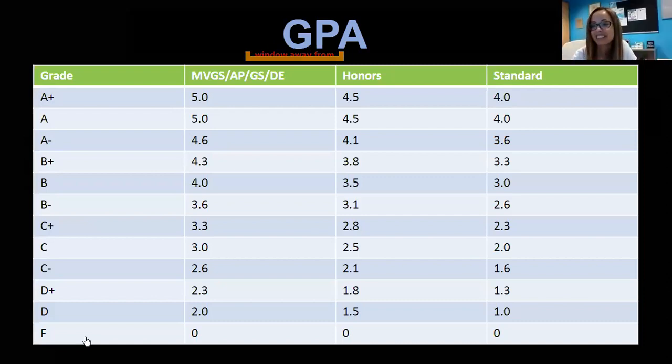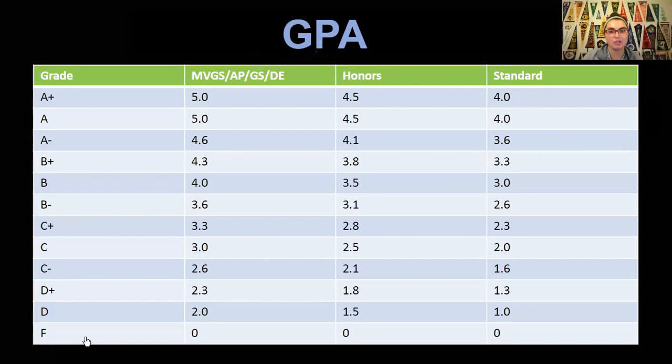Okay, so I'm just going to talk a little bit about your GPA. As you can see, based on different courses that you take, your GPA is a little bit different. It fluctuates based on whether it's weighted or unweighted, and that again is based on the courses that you take. As a general overview, all of the courses that you take throughout your time in high school go into your high school GPA.